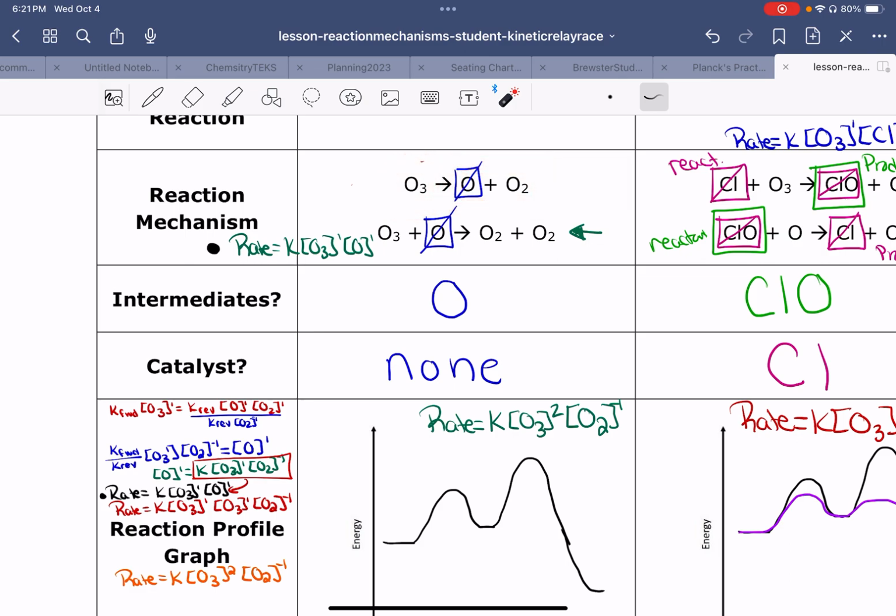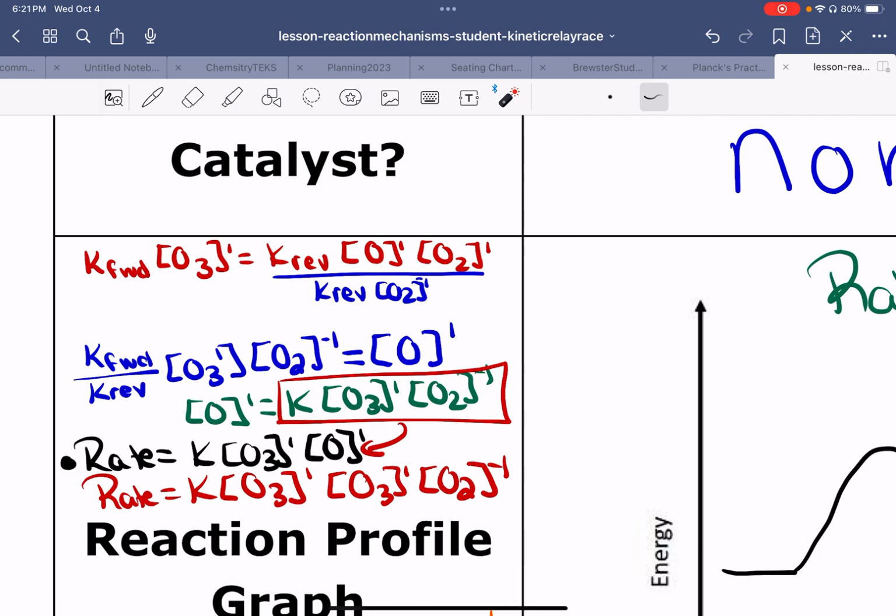When I divide that all out, I want the forward over reverse, O3 to the first times O2 to the negative 1 equals O to the first. When I manipulate it around, this is what O equals. Don't lose sight of that negative 1. The reason it's negative 1 is because I brought it from here and divided it out, so I have to use my exponent rule. That's how it can become negative.